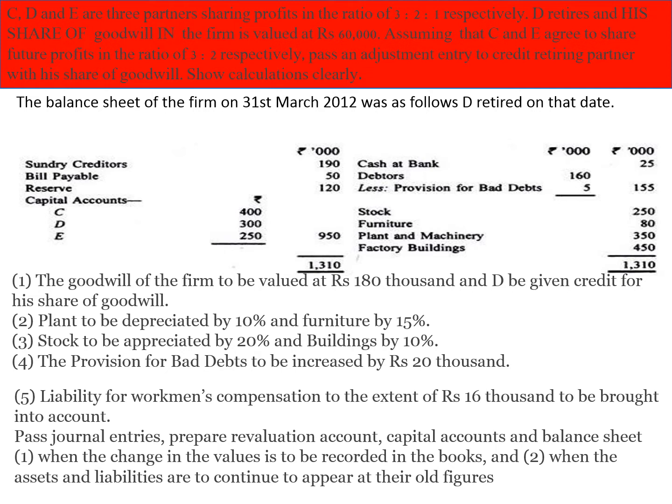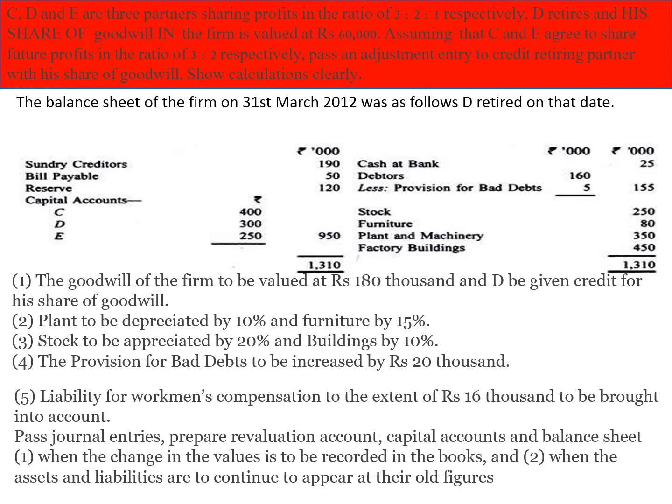Bills payable 50,000. Reserve 1,20,000. Capital accounts: C 4 lakh, D 3 lakh and E 2,50,000. Total of capital is 9,50,000.